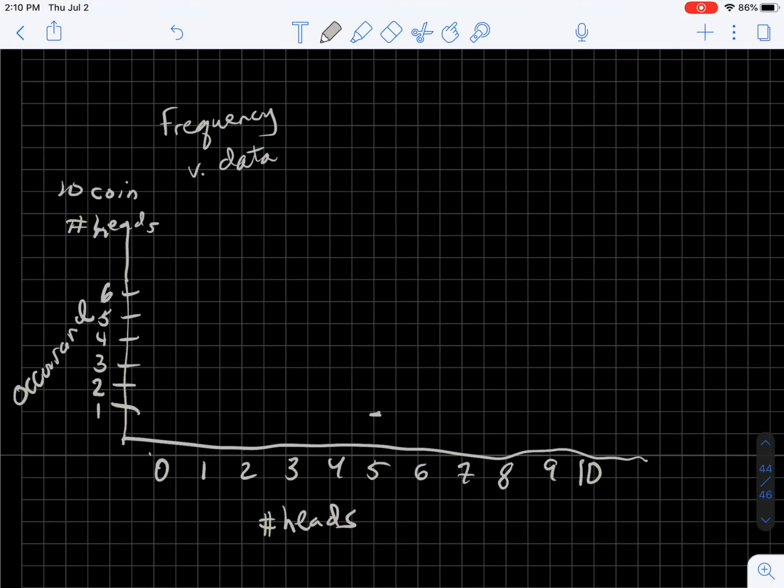So that's 1 occurrence. Next time, I get 4 to 6. Then I get, again, 5 to 5. Then I get 7 to 3. Then I get 3 to 7. So you keep track of how many times you are getting this occurrence.